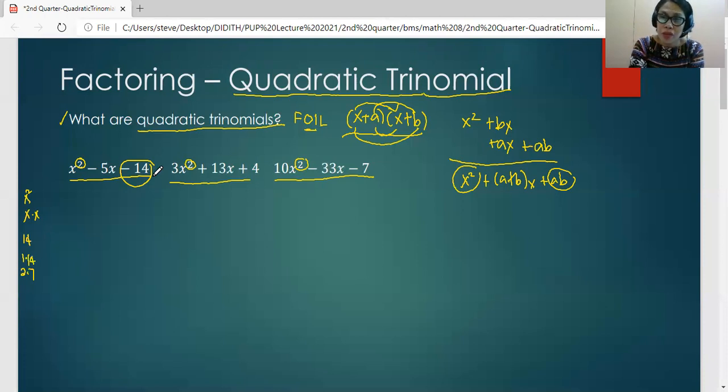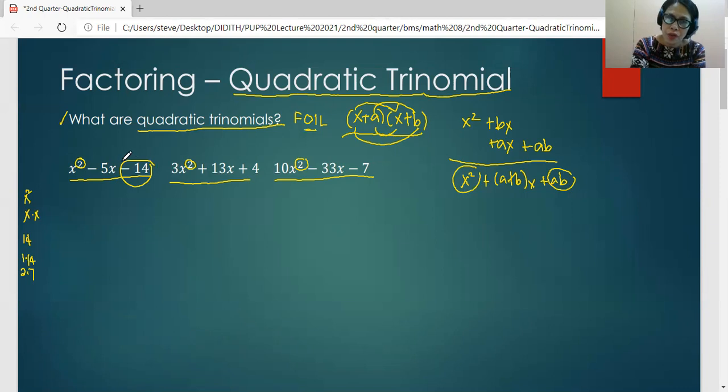So this is one consideration that we're going to accept. So we're going to think of a factor of negative 14 such that if one factor is positive, the other one is negative, and vice versa.